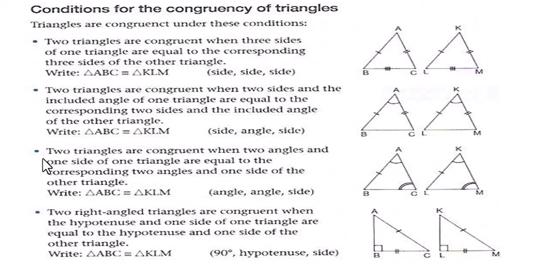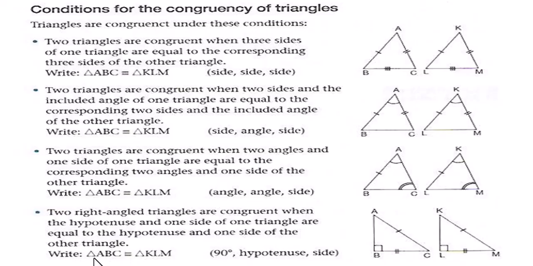Then we look at the final one. The final one is that two right-angled triangles are congruent when the hypotenuse and one side of the triangle are equal to the hypotenuse and one side of the other triangle.